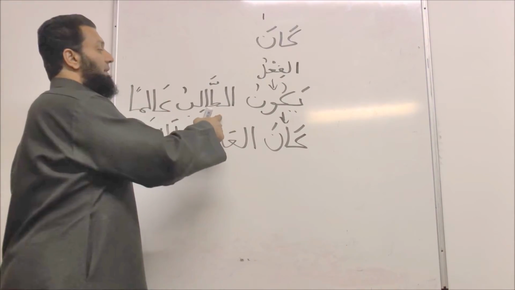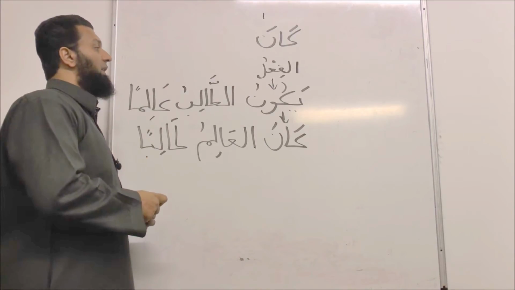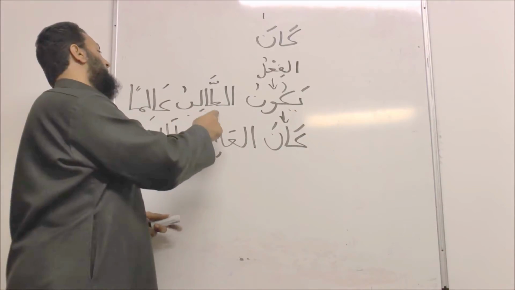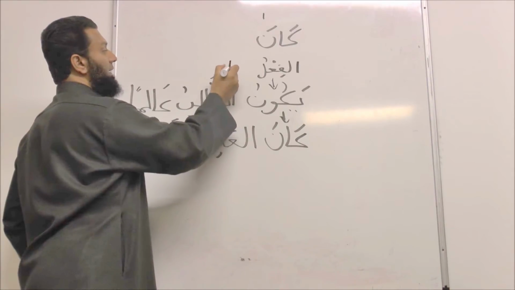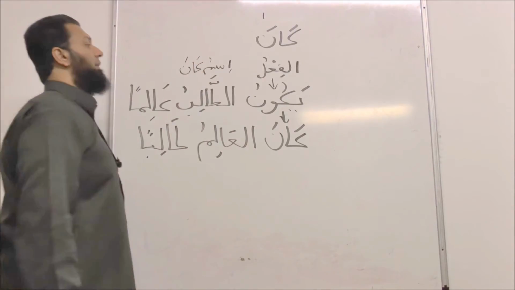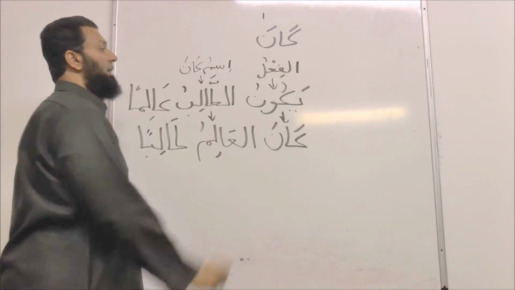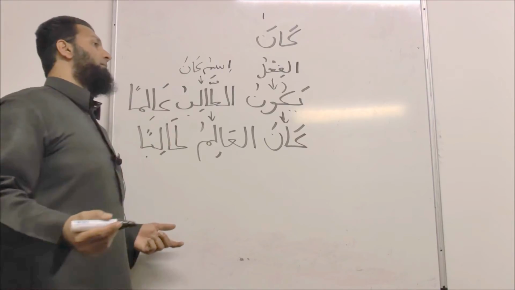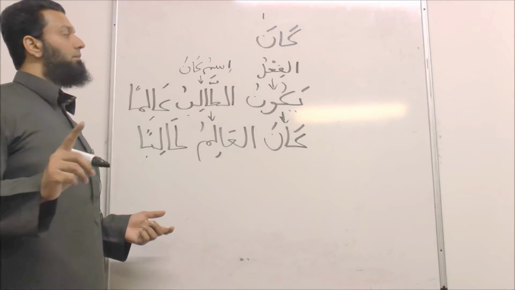Then we said that the first noun which follows yakunu or Kaana in the past is called ismu Kaana, and ismu Kaana is always marfu'un.